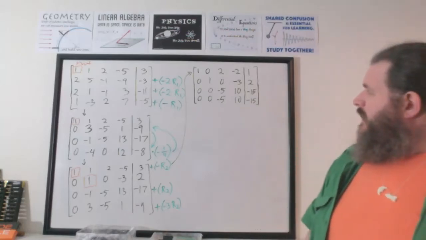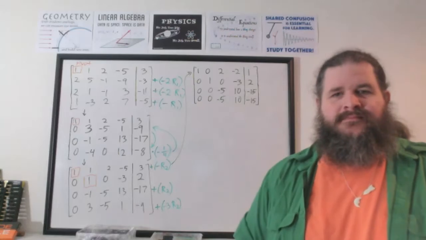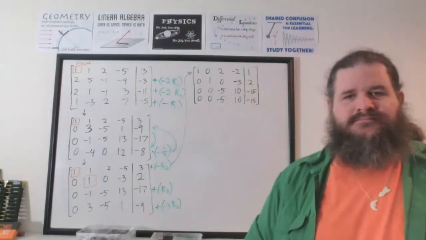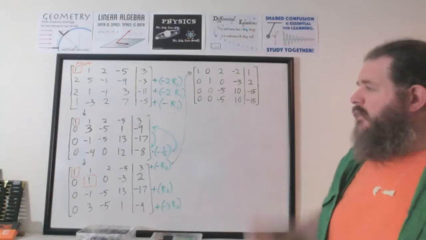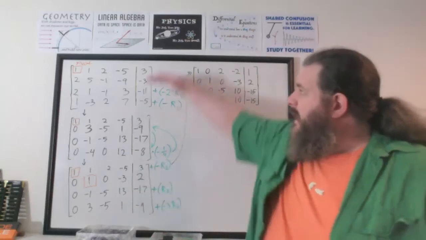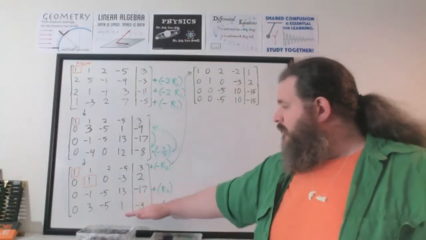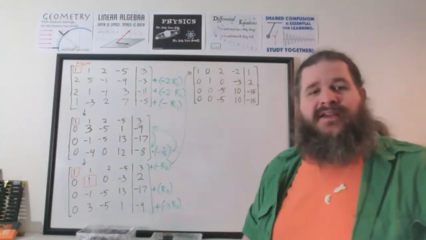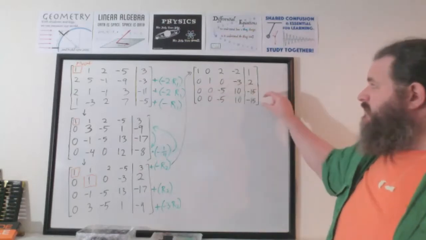But what do you notice about the fourth row we just got? It's the same as the third row. Yeah, this new fourth row is the same as the new third row. And we got those in different ways. We got the third row by combining the original 4 rows in certain ways. We got the new fourth row by combining the original 4 rows in different ways. But those different combinations led to the same information.